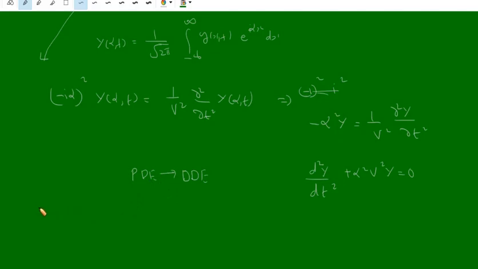Now when time t is equal to 0, we have the solution y of x,0, which is equal to f of x. This is our initial condition.